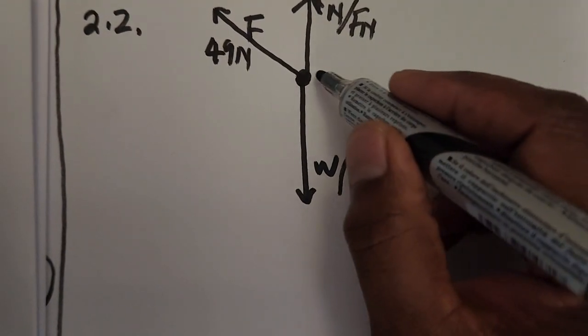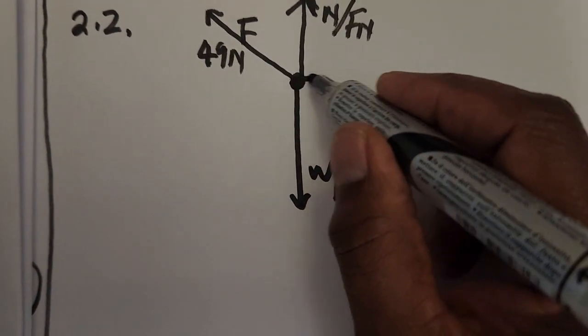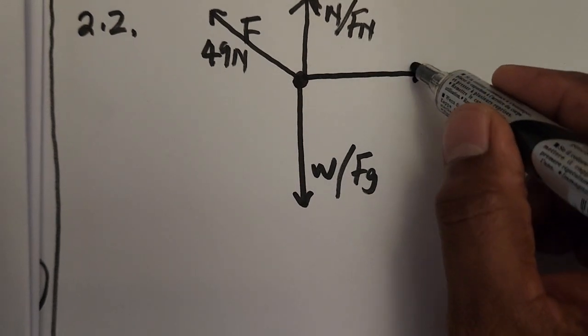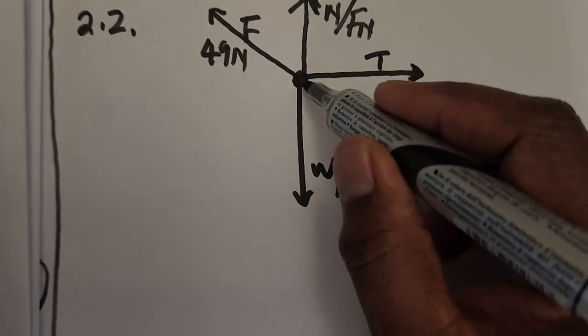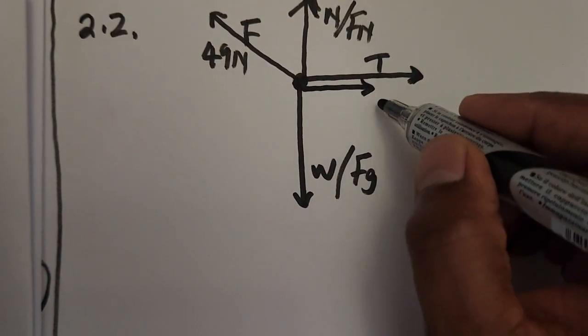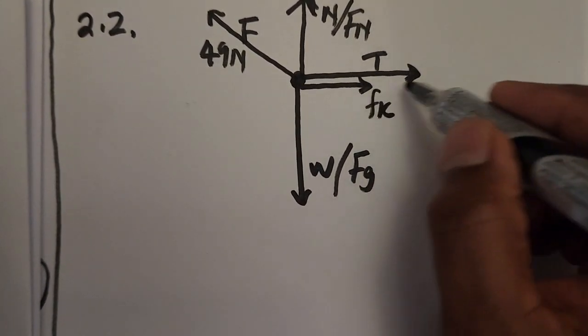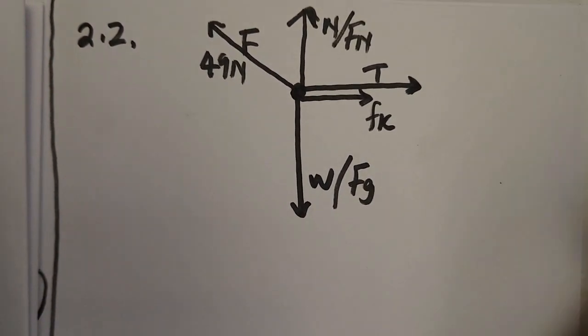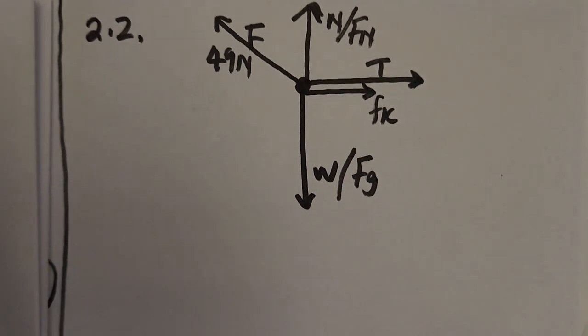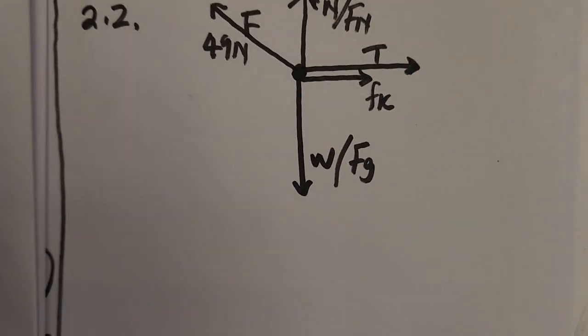And then we'll have the tension; once you see the rope, you know that there will be a tension in the rope, and then the friction will be this one. In many cases, we find that people are writing equal, and no problem because we are not drawing to scale, but in essence, friction will be smaller than the tension.